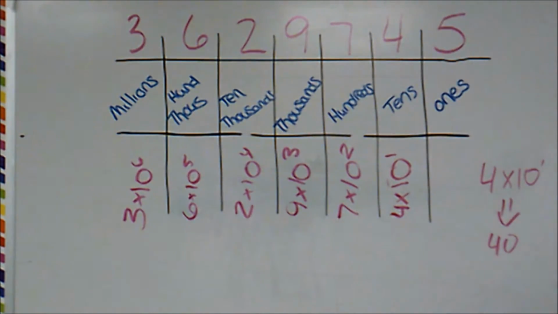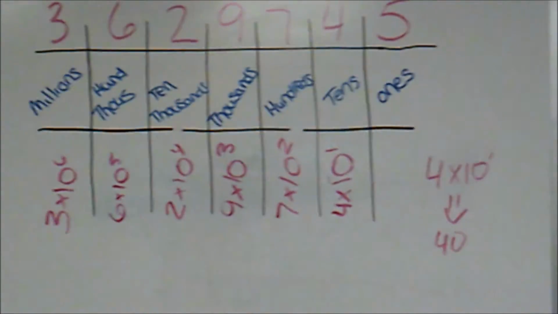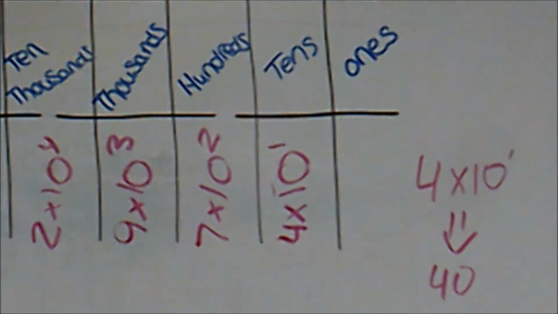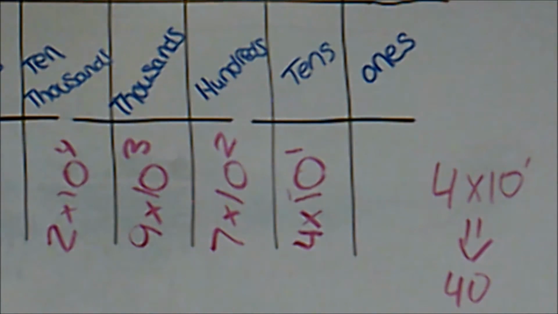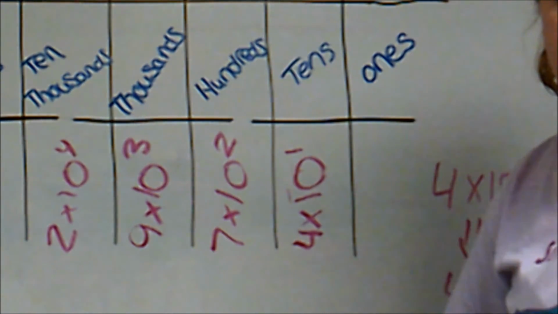Now you'll notice, by chance, I did not do the ones place. We kind of skipped over our ones place here. I did that on purpose because the ones place is special. There's no whole numbers behind the ones place. There are decimals and fractions that live behind it, but in a whole number there's nothing behind it. So if I raise it to a number, I don't know in exponential form how I would do that. I know in the tens place I have 1 place value behind this, so that's why I put that 1 there.